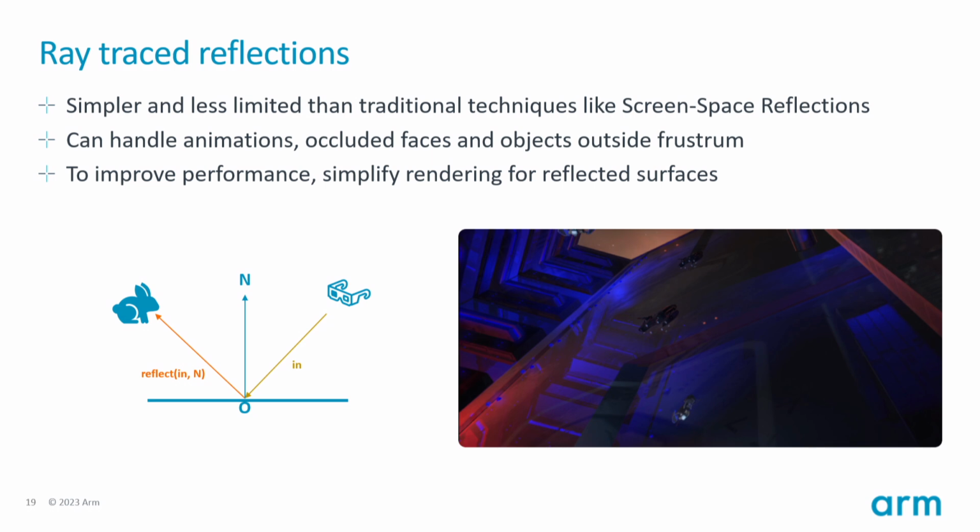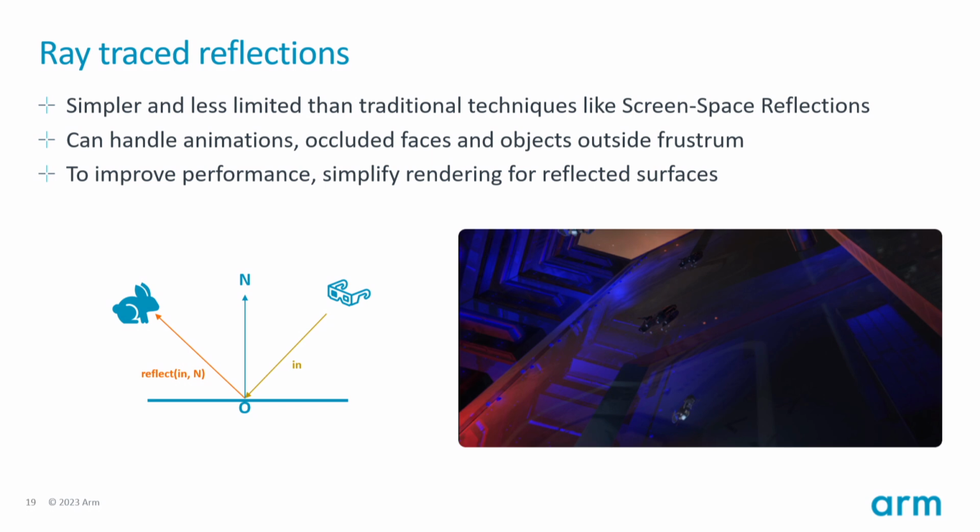So ray traced reflection can handle situations that traditional approaches, such as screen space reflection, cannot, like a reflection of objects located outside of the screen, outside of the camera view. So in our demo, we are exaggerating the reflection for demonstration purposes.